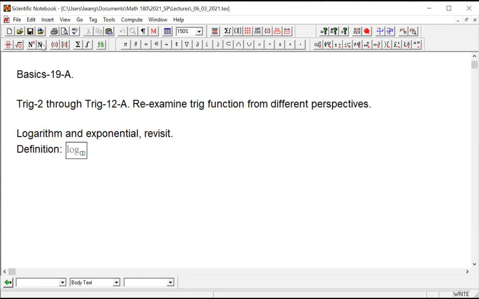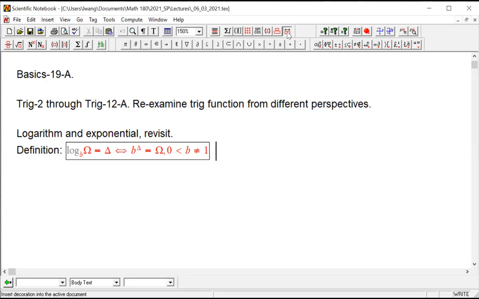Log base b of omega equals triangle. You should be very familiar with these forms. You can invent your own forms using any symbol. No problem.